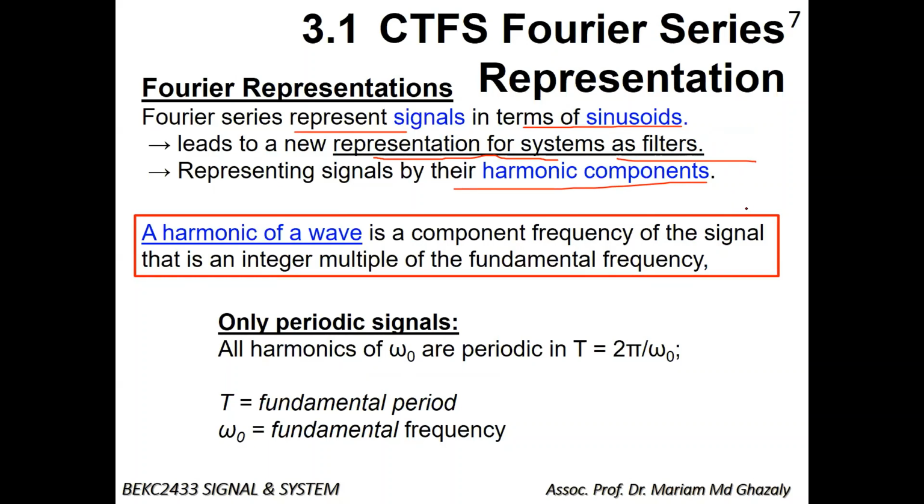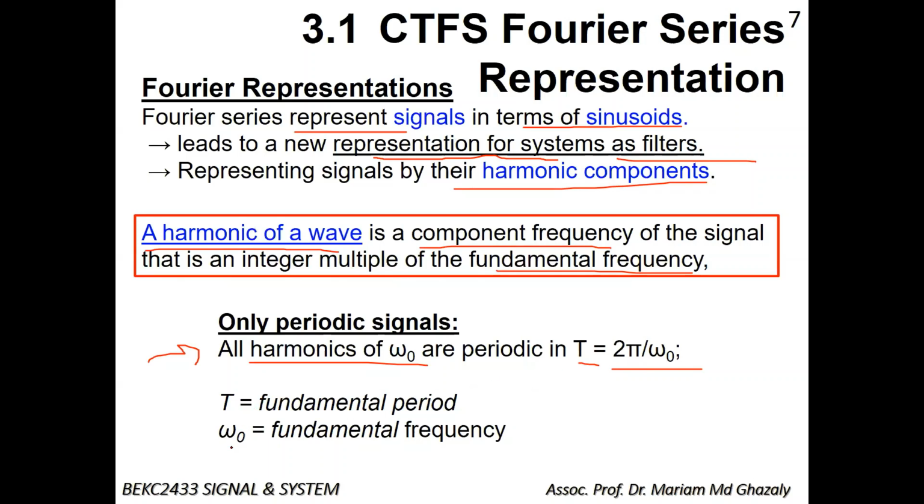So what does it mean by harmonics? A harmonic of a wave is a component of frequency of the signal that is an integer multiple of the fundamental frequency. So let's say you have a periodic signal. All harmonics of omega naught are periodic with T equal to 2 pi over omega naught.